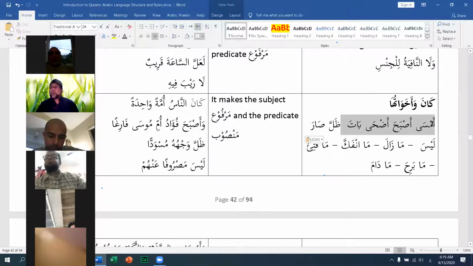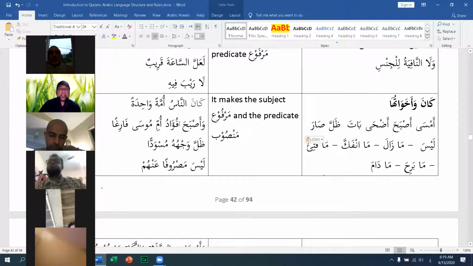So these four designate the time at which the ism became the khabar. The ism qualified with the khabar. So let me explain that. Now, that's what they originally mean, but generally they used to mean it just became like that.